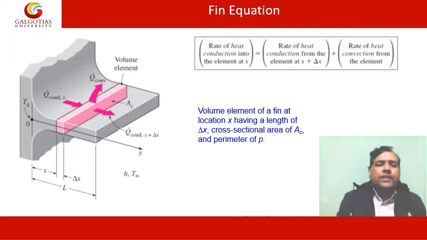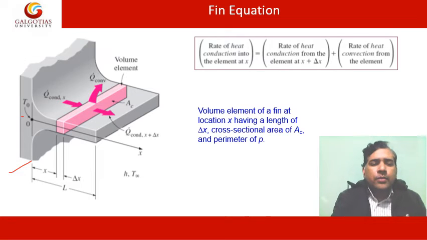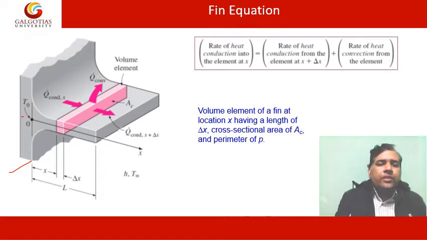For example, if we look at this figure, this is the hot surface, where the temperature is very high. Within this plate, heat will be transferred through conduction. So the surface available for the convection will be this one.